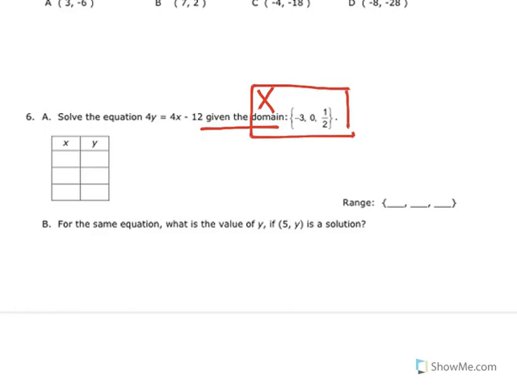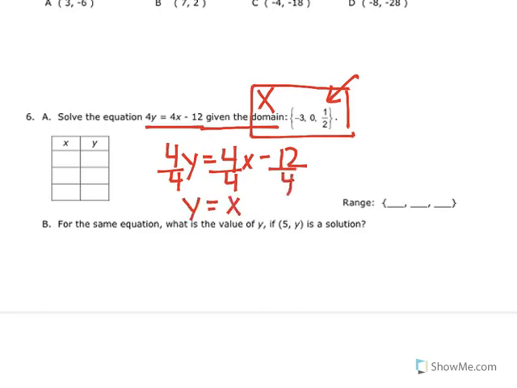So it's saying if you take these x's and plug them into this equation, what's y going to be? Well, I think the easiest way to do this would be to solve this equation for y. Let's divide everything by 4. So I get y = x - 3. Now go pop that puppy into your calculator, go to your table, and let's find the answers for those.